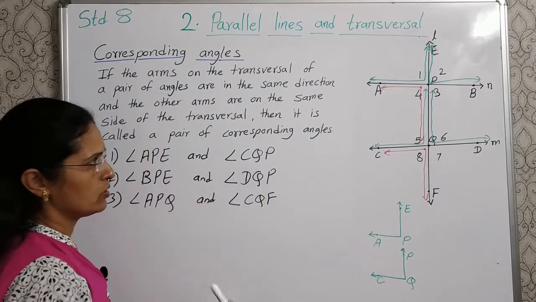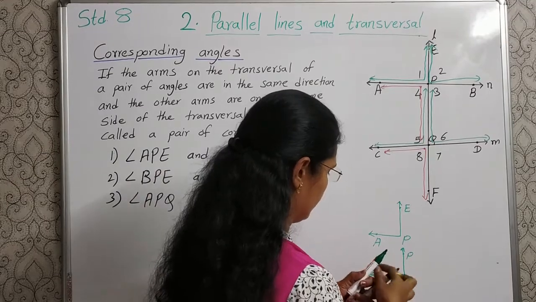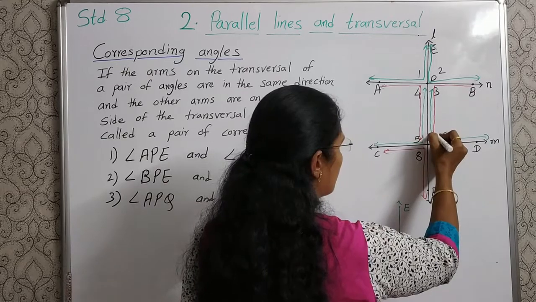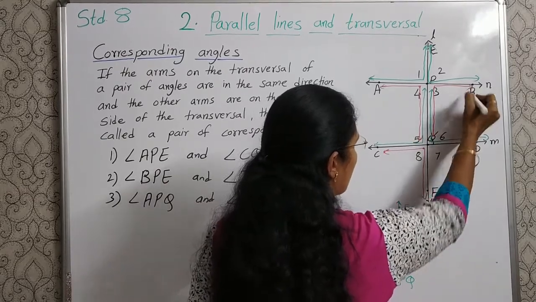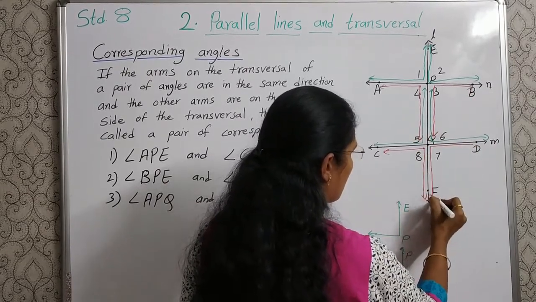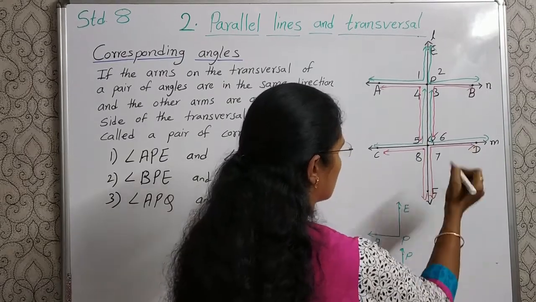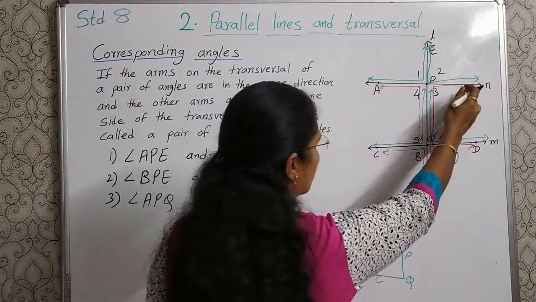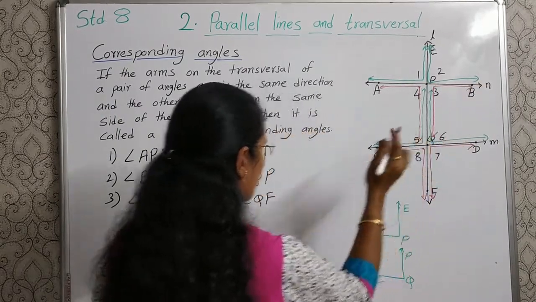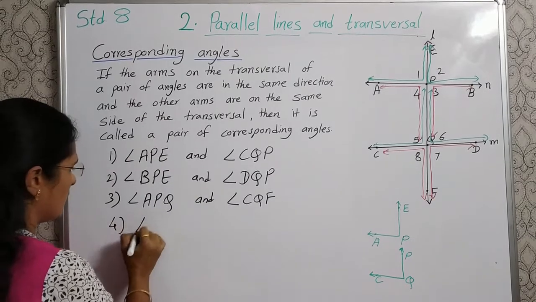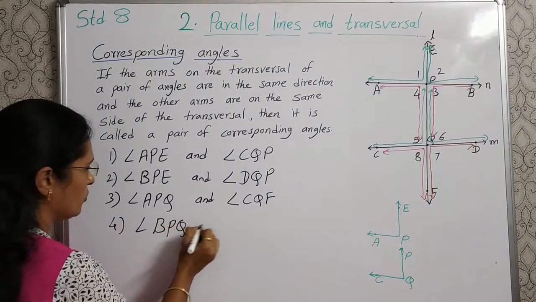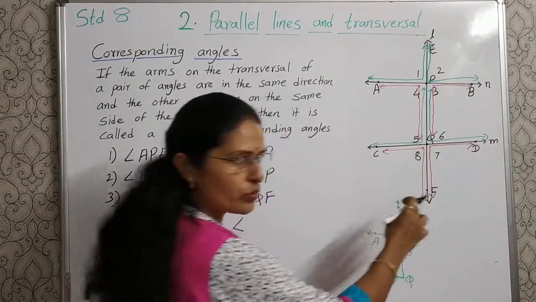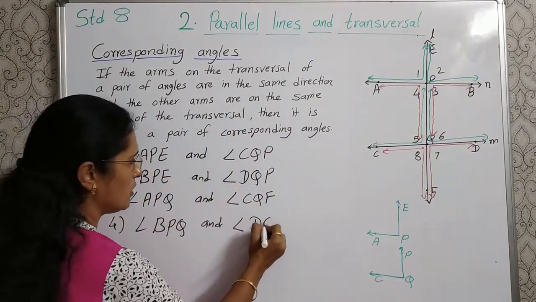Now the fourth pair. This is the fourth pair of corresponding angles. The name is angle BPQ and angle DQF.